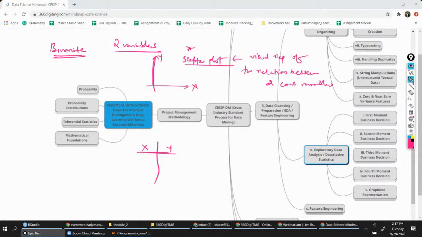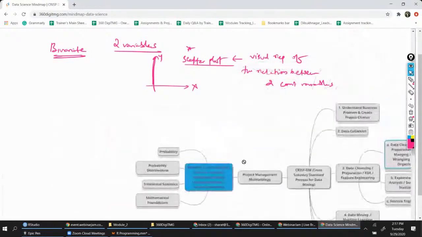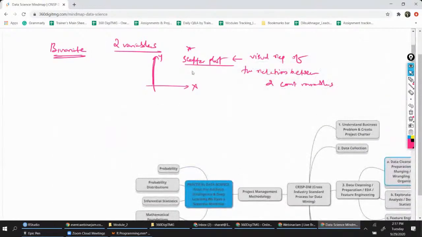Right? And what all things can we interpret from a scatter plot? There are three things that we discussed. What are those? The first thing is, what is the shape of the relationship? Relationship is there, but what is that relationship?